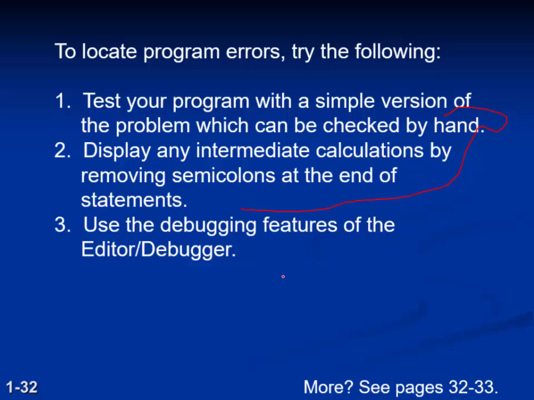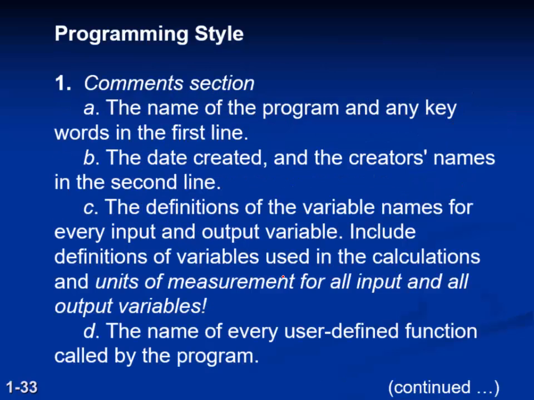Again, you want to do a simple program. Now, as I said, I'm going to make this particular problem much more complex because I'm going to add in some inductors. So, okay, programming style, again, I'm going to go through this.